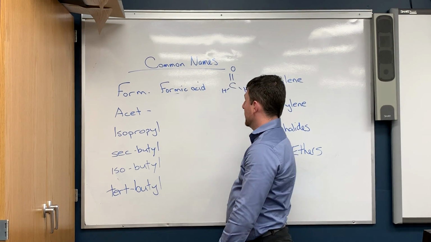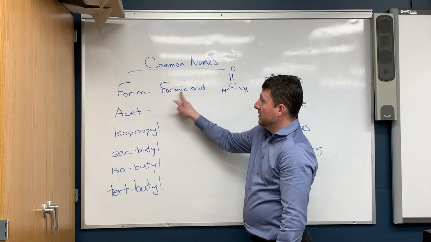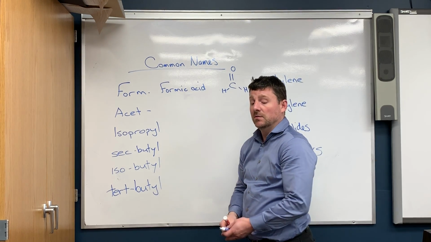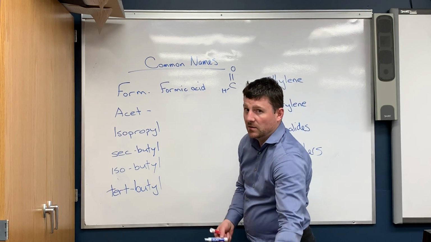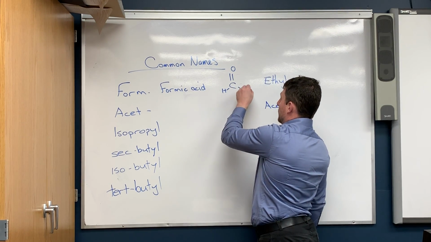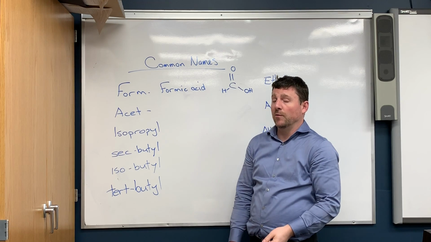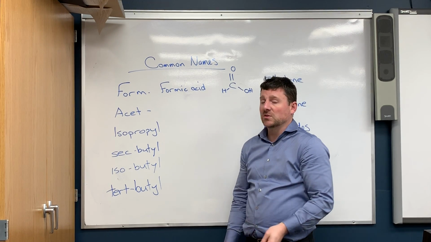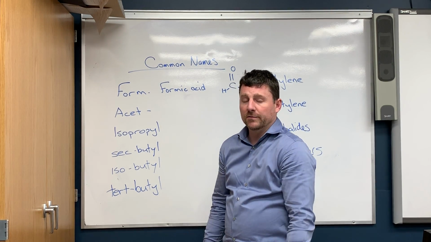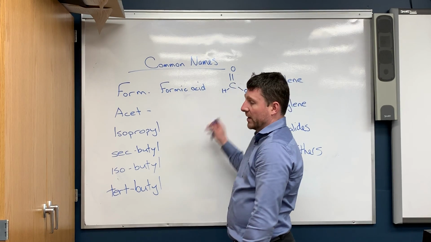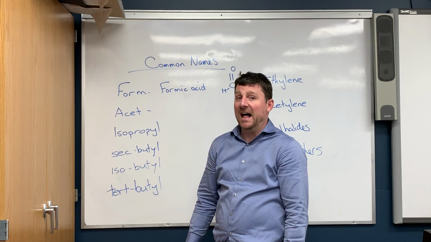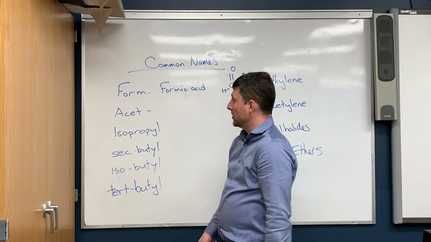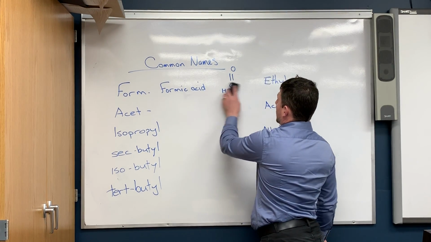Again, one carbon, and we know what ic acid refers to. So let's draw a carboxylic acid with only one carbon. There it is, that's formic acid. So form is really just another way of referring to meth. This would be methanoic acid. The previous aldehyde, formaldehyde, would be methanal in IUPAC nomenclature.